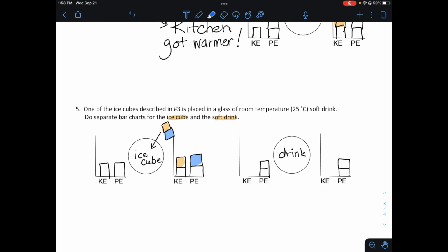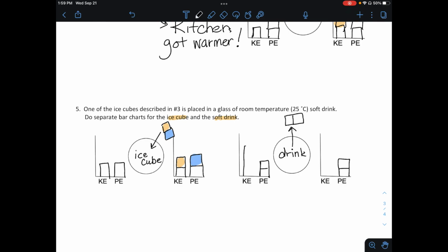So if I'm adding 2 blocks of energy, then I would guess that my drink also is going to lose 2 blocks of energy, right? Because the ice cube is getting its energy from the drink. So I'm going to show that in kinetic energy.